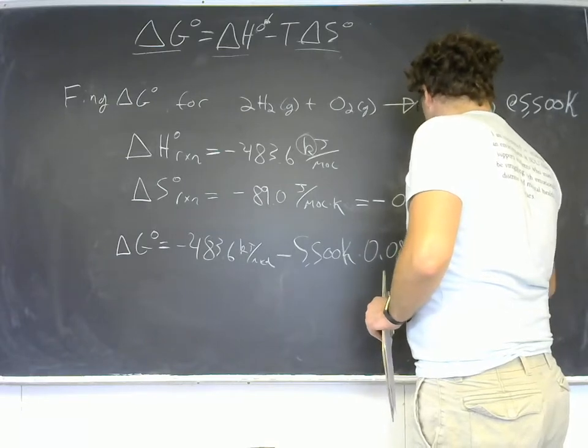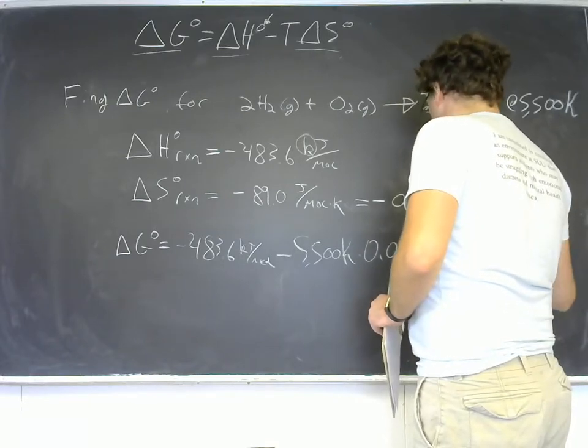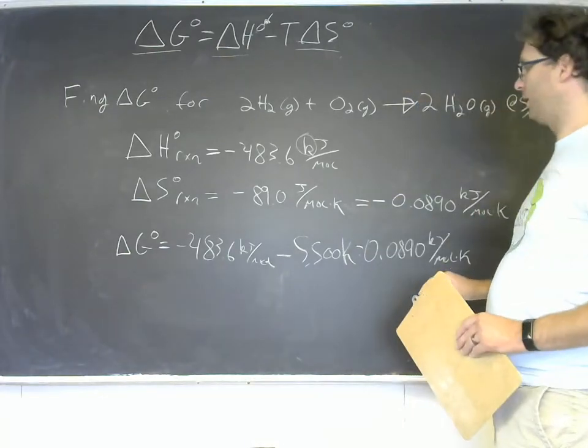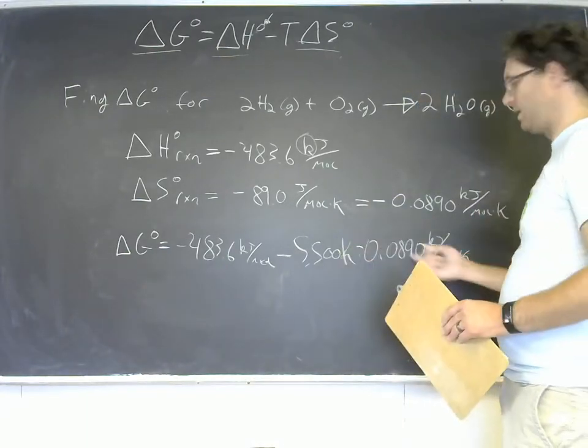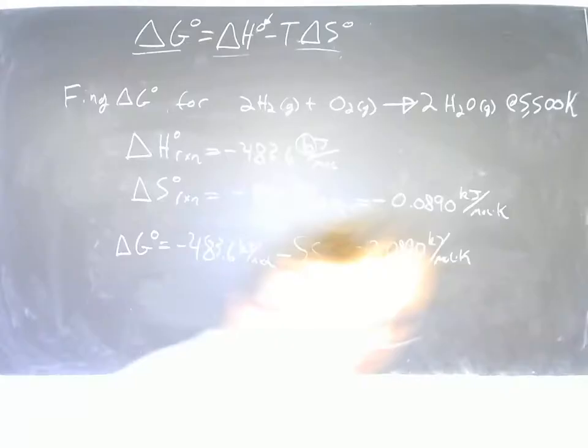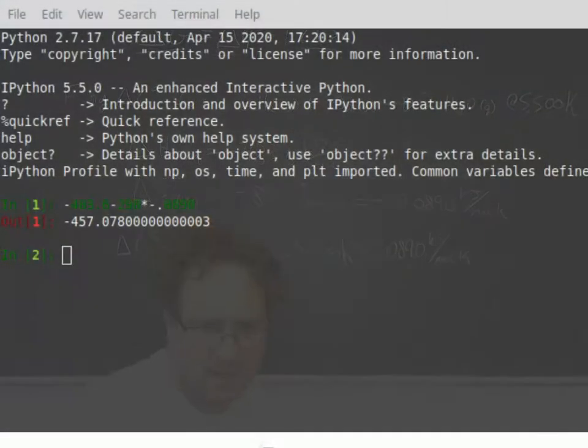0.0890 kilojoules per mole Kelvin, and that is a negative as well. Right, so the negative 5,500 times the negative 0.0890. And let's figure out what we get there. You can actually just use my same formula here. I'll just back up here and do 5,500.